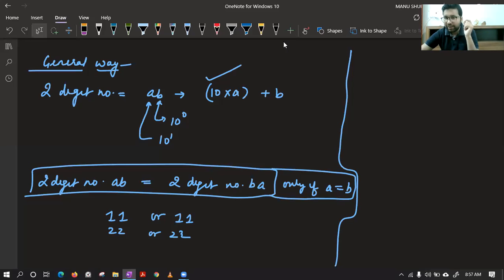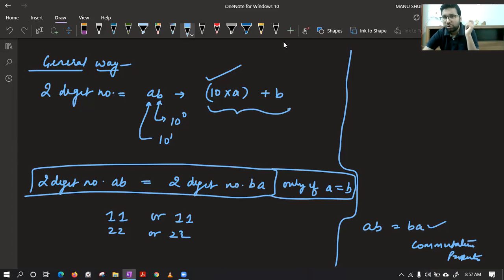Let us see. Class, we have studied A into B is the same as B into A because it is the commutative property. But in this case, it is different because here we are discussing the value. In this case, it will not work because when you see the value, AB is actually 10A plus B, and BA means 10B plus A. That is why here it will not work.